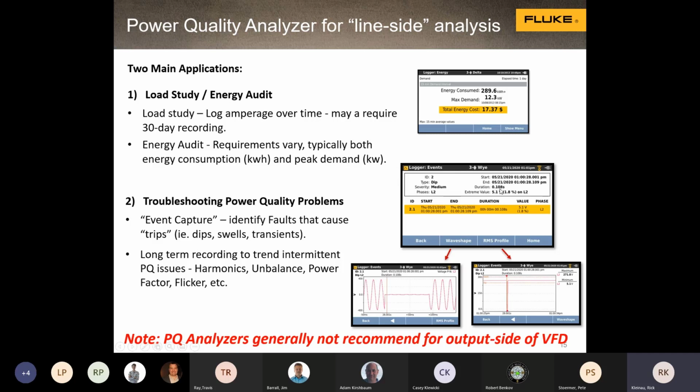A dip is an event where your voltage drops a certain percentage, typically a 10% window from nominal voltage. And the duration is something longer than 8 milliseconds, half a cycle of a 60 hertz waveform. So we had a 108 millisecond dip.